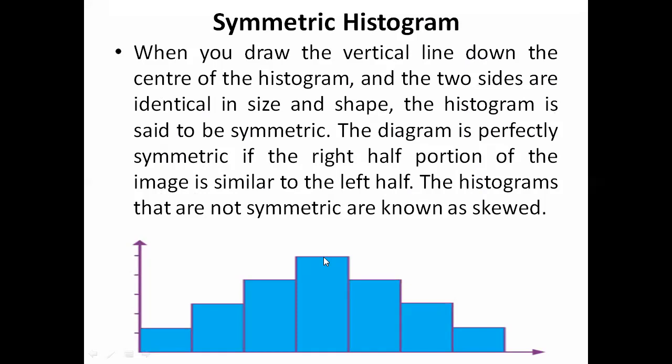You can see here, this is the center one, this side three steps, this side three steps. So that's all it is telling. The histograms that are not symmetric are known as skewed.